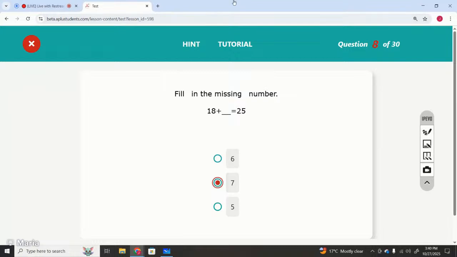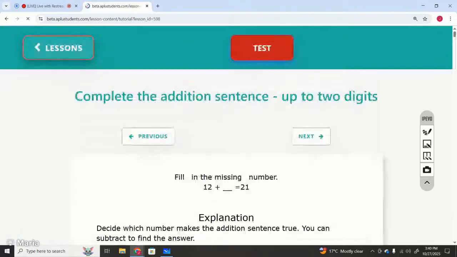That is 18 plus 7 makes 25. Okay, you can complete the lesson by yourself later today.